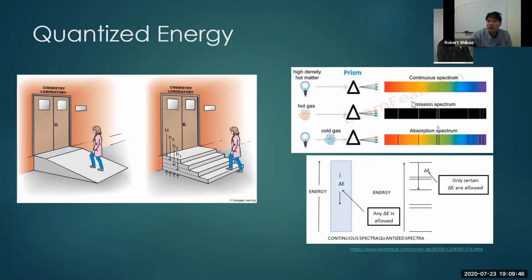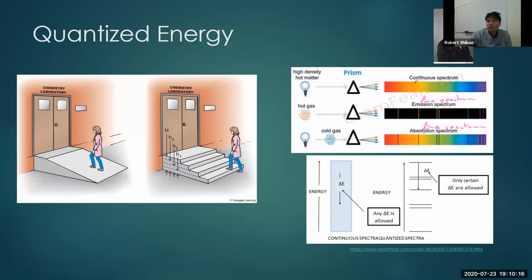I took this from a website, examfear.com, but it looked pretty decent. It's called a line spectrum, obviously, because it's got a bunch of lines. So we're looking at line spectra, spectra being plural, versus a continuous spectrum.